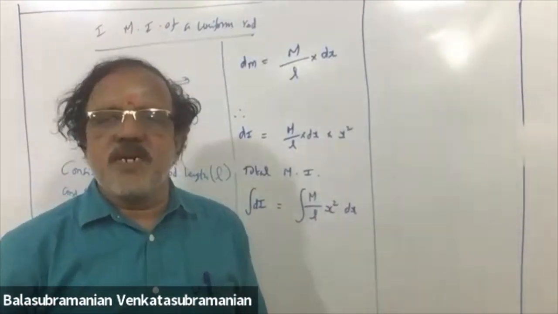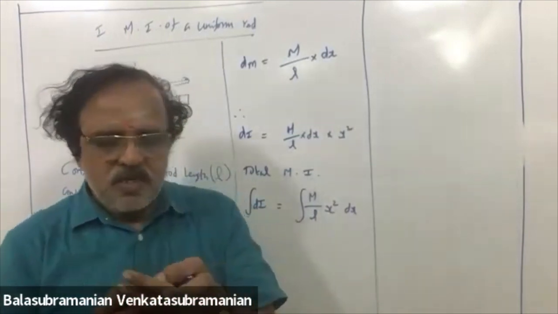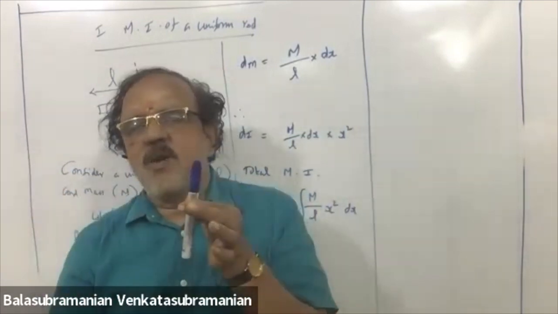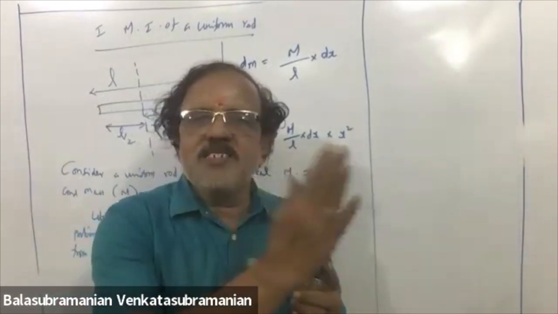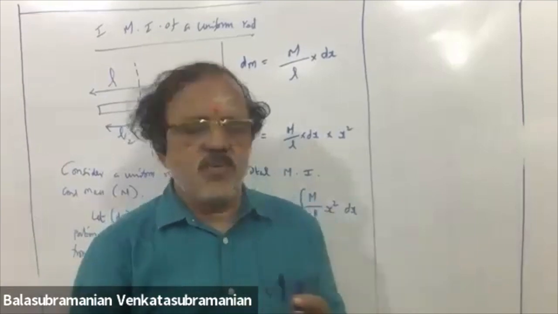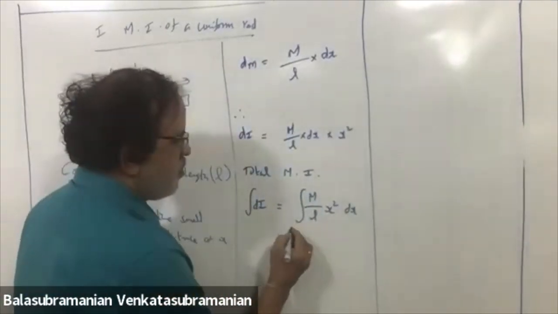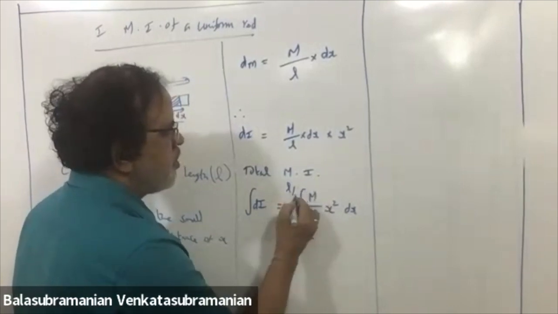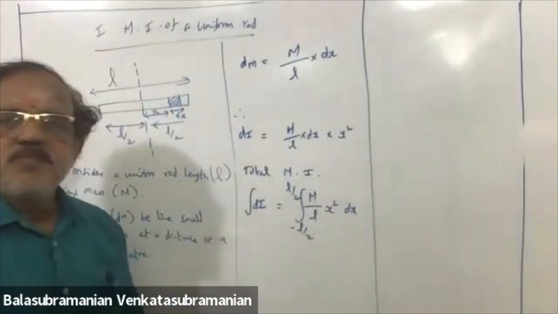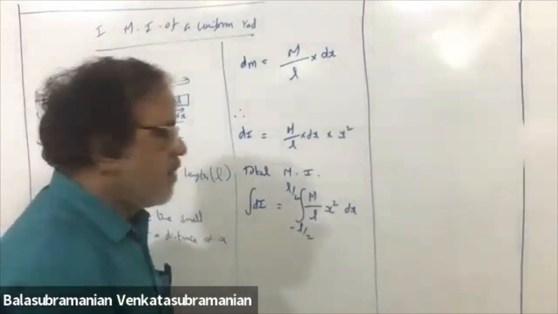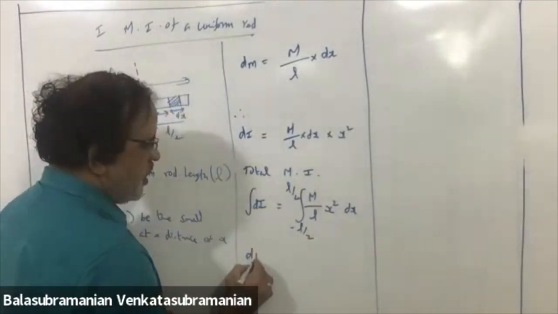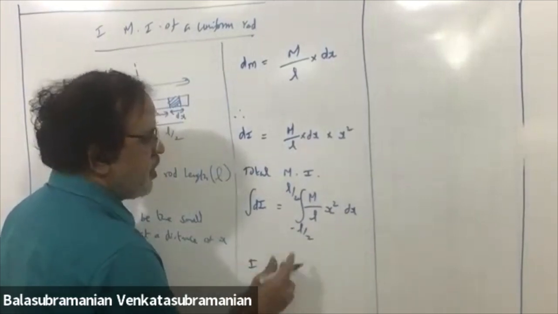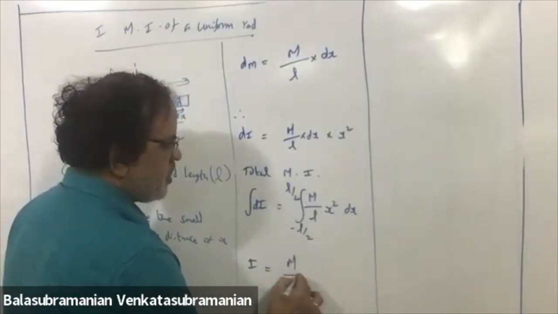Integration means we should know the limit. This is the center, on the left and on the right of the center. So minus L by 2 to plus L by 2. Now, integration of dI is I. M by L is a constant.